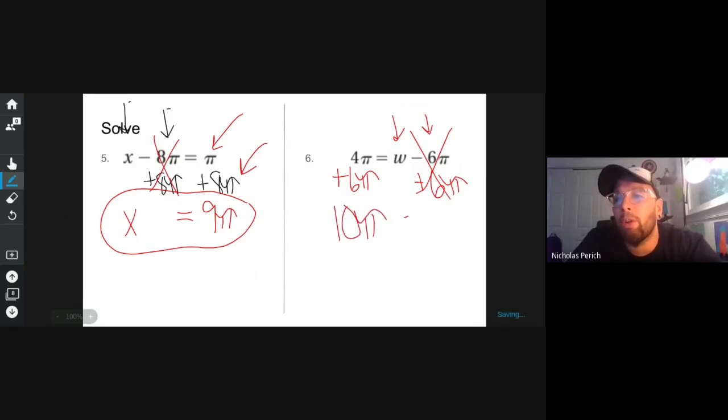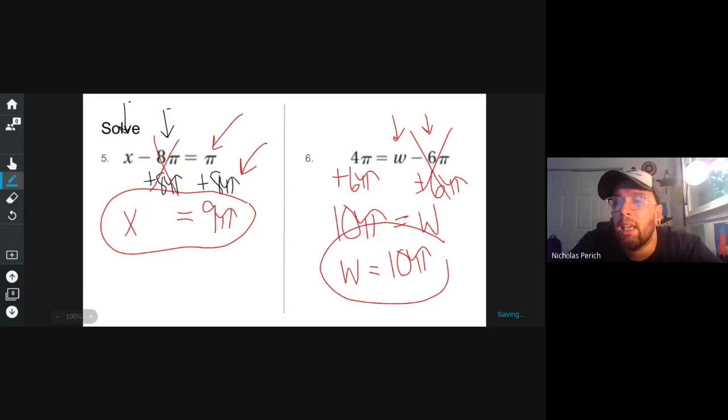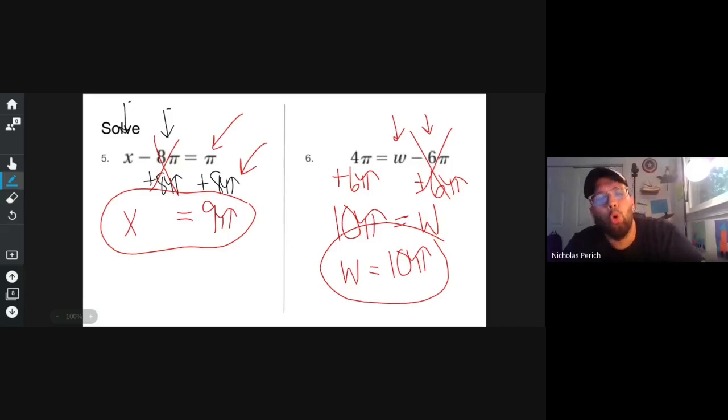Drop down the W. Now, we haven't had this issue yet. I don't like my variable on the right side, so move it to the left. Instead of 10 pi equals W, say W equals 10 pi. It's the same thing. Okay? Cool. Pretty dope stuff, y'all.